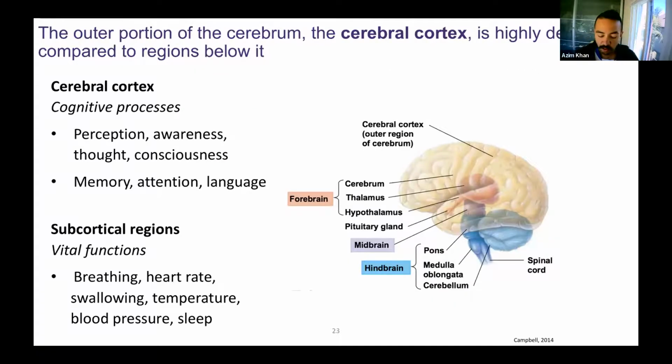Focusing more on the cerebral cortex, this is the most developed part of our brain. And it's what, again, sets us apart from other organisms. When we look at what we consider intelligent animals, like all the apes and closely related animals to us, whales and dolphins, elephants, they have really highly developed cerebral cortices.